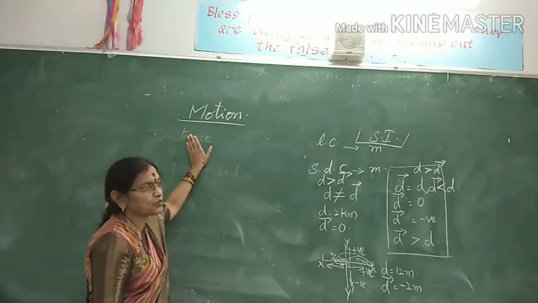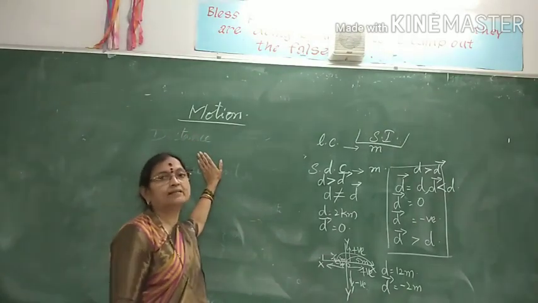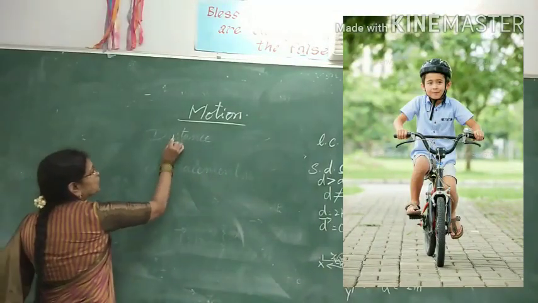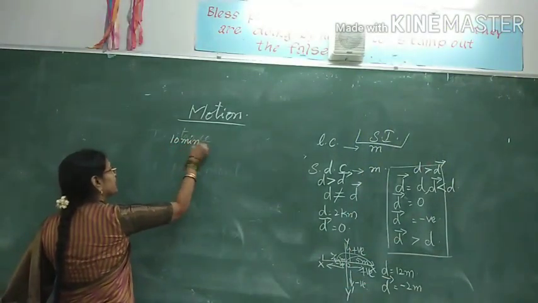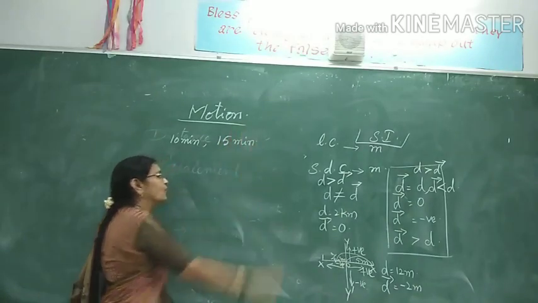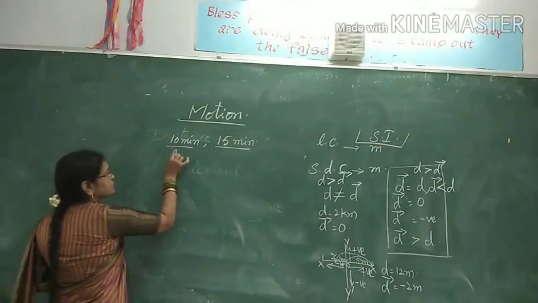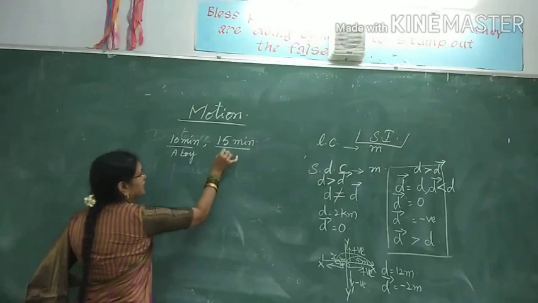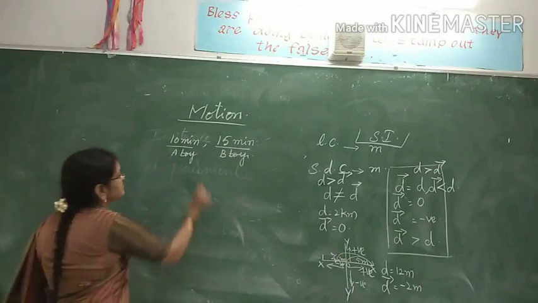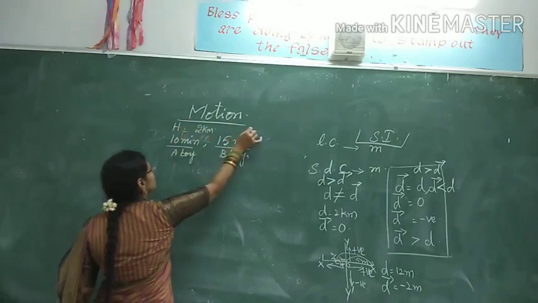Now, two boys are going to school. Their houses are side by side only. Suppose they are going by bicycle. One boy reached the school in 10 minutes. The other boy took 15 minutes to cover the same distance. Now, what is this saying? Suppose boy A and boy B. A is covering the distance of, suppose, 2 kilometers from their home to school.